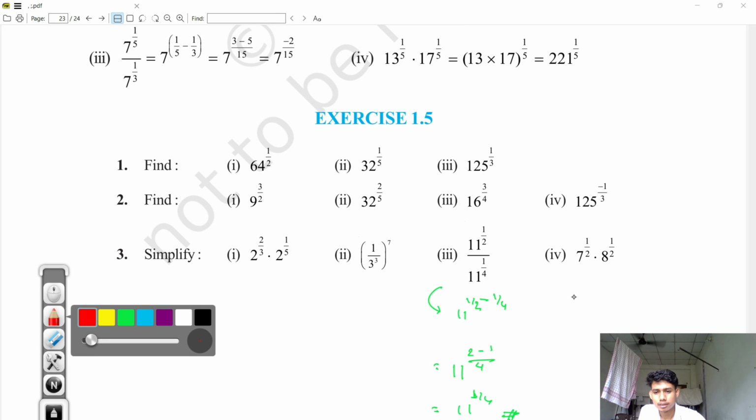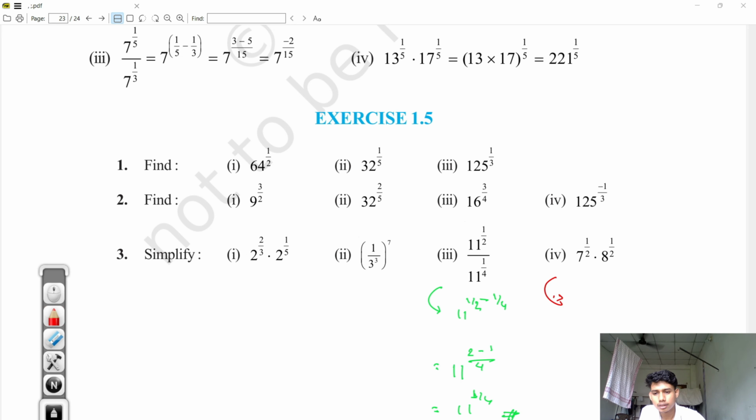Next, the fourth question, 7 to the power 1 by 2 into 8 to the power 1 by 2. This can be written as 7 into 8 whole to the power 1 by 2.